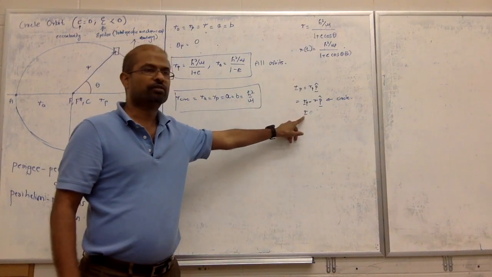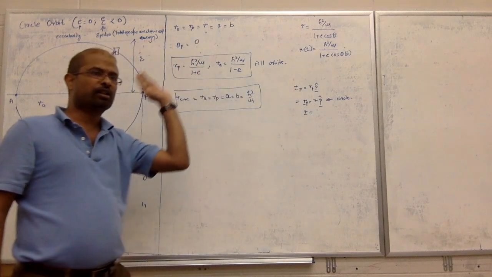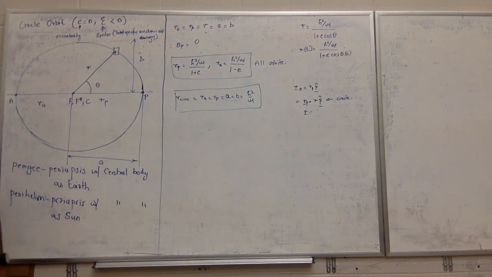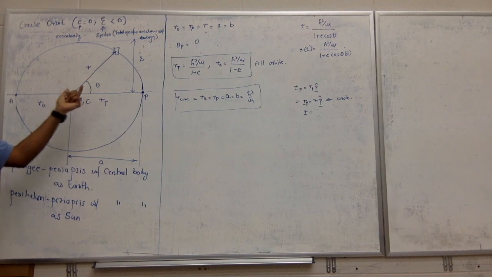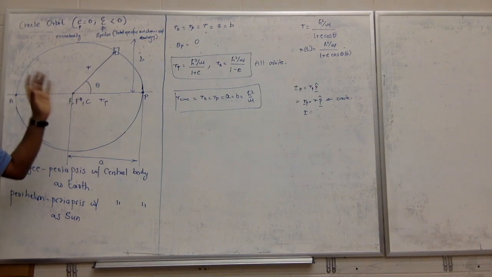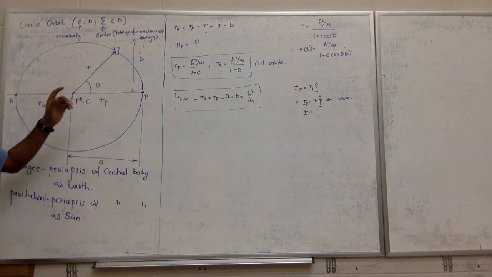But r is changing, even the direction of r is changing. The magnitude is the same. Because r has to give you the relative position of the orbiting body with respect to the central body. The magnitude will be the same if it is going in a circular orbit, but the direction is changing.